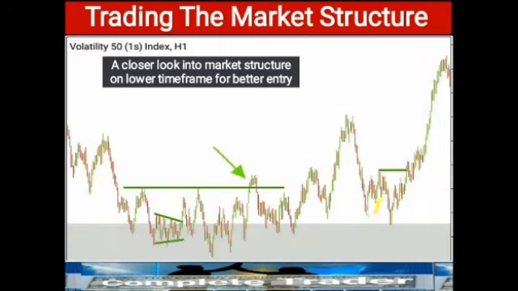Another opportunity to go long, and this was an opportunity to go long as well. It just breaks out this high, retraces back into the price range, and expands to the upside.